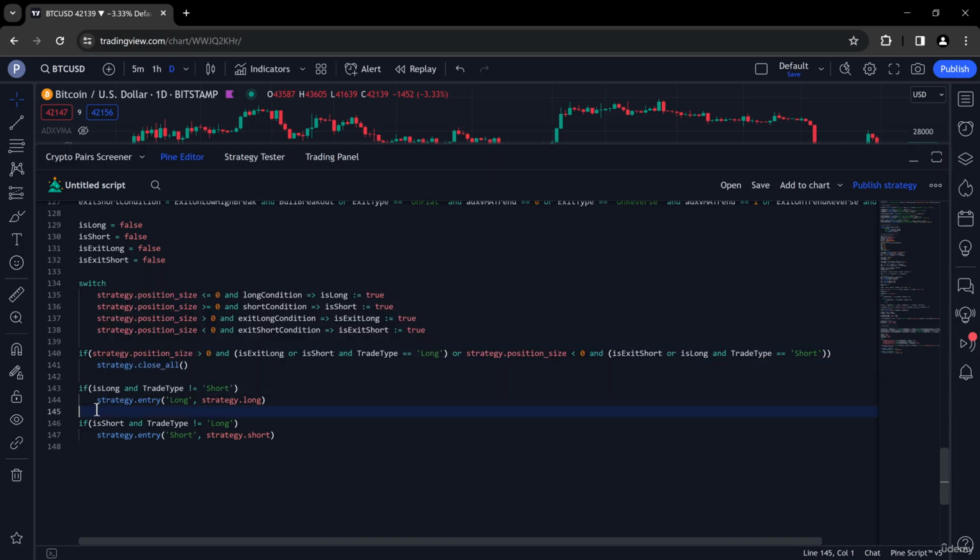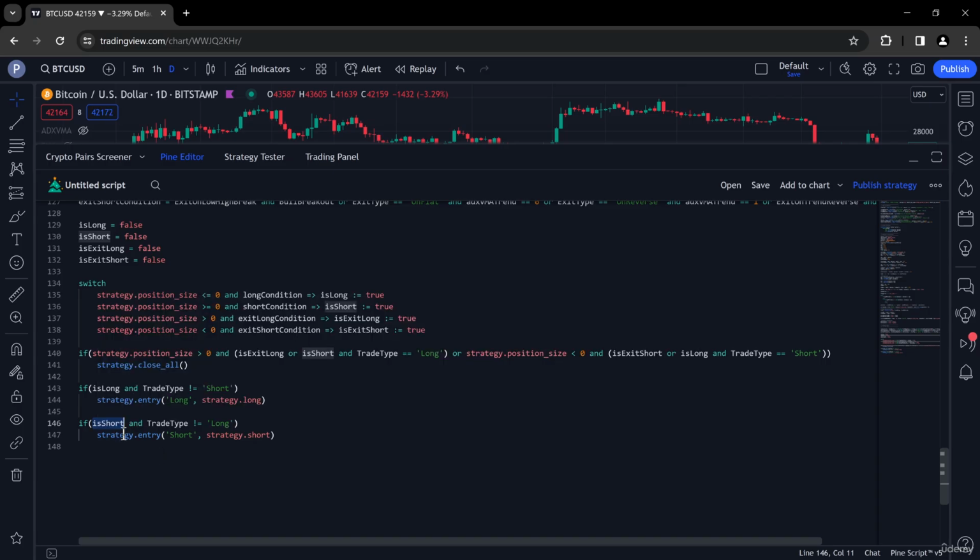In the next section, we enter the long position when we have an is long signal and when long positions are allowed. Long positions are allowed when trade type is not short. And in the next section, we enter short position.